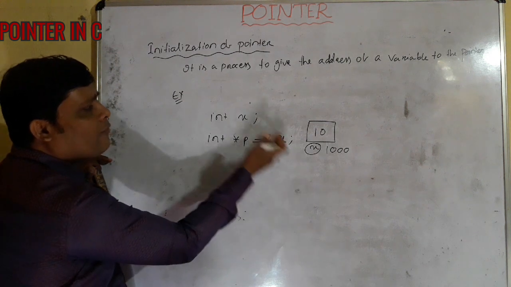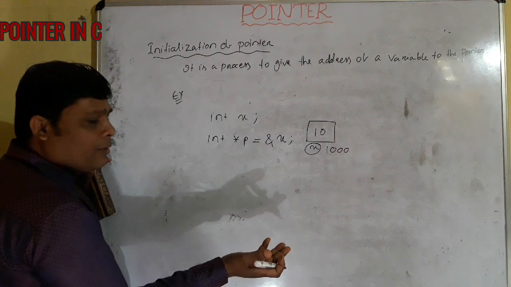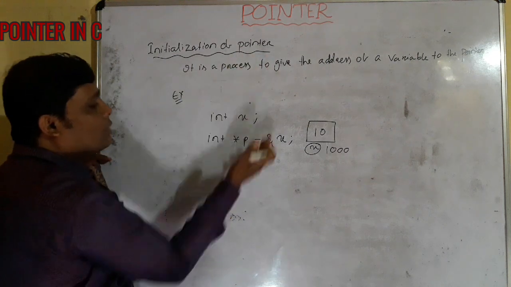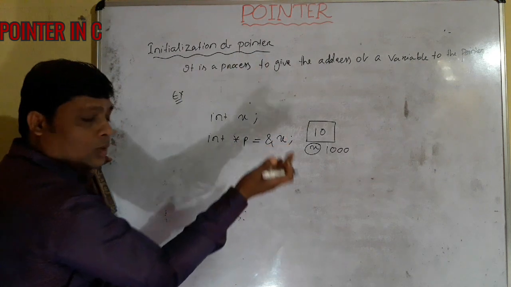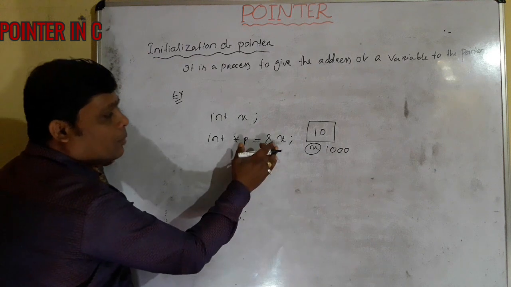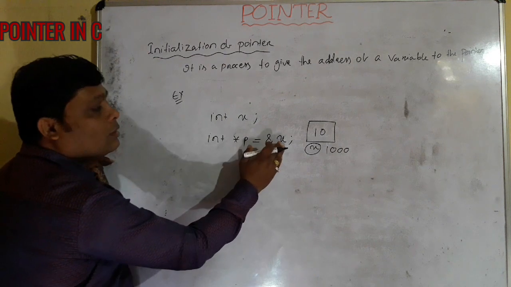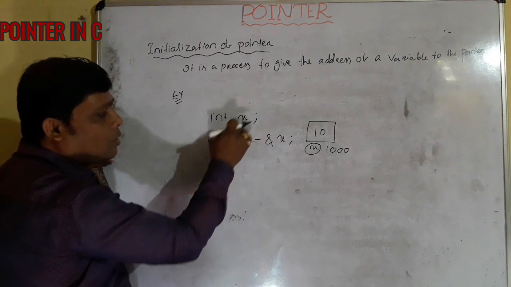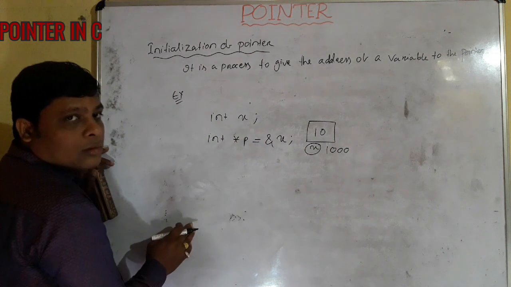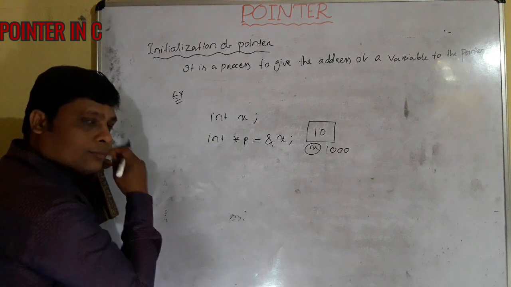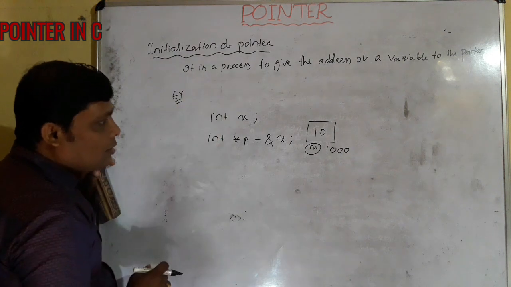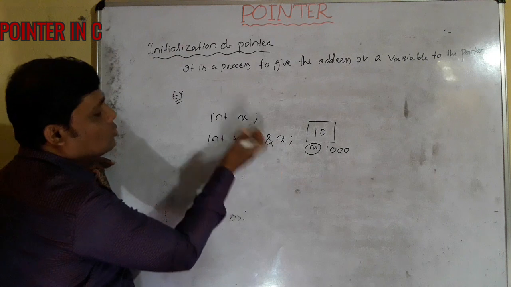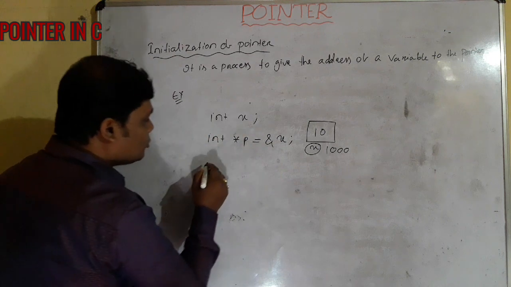Giving some value to a variable is called initialization of that variable. Same way, as we know that a pointer can store the address of the same type of variable, giving the same type of variable's address to the pointer is called initialization. And this initialization or assigning value to the pointer can be done later also.